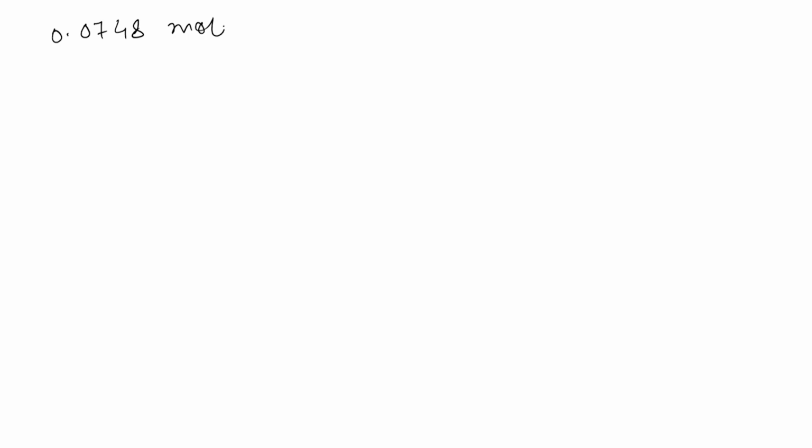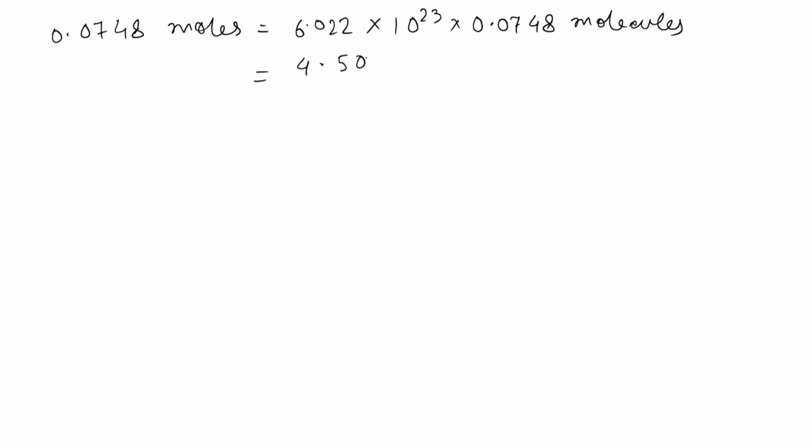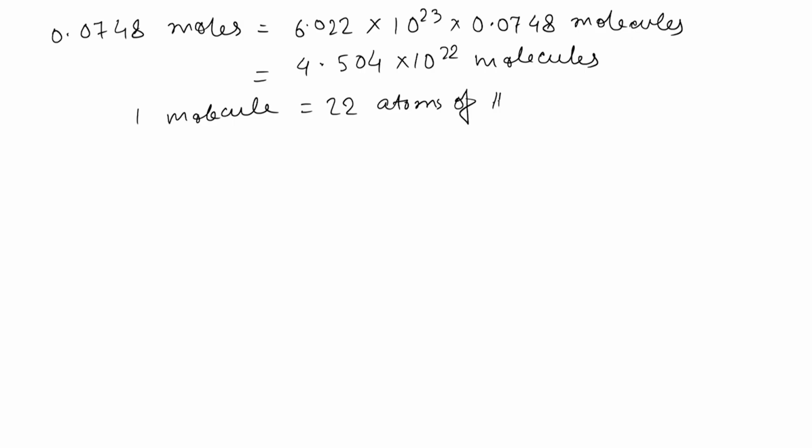So, 0.0748 moles is equal to 6.022 into 10 to the power 23 into 0.0748 molecules. This comes as 4.504 into 10 to the power 22 molecules. So, 1 molecule of sucrose contains 22 atoms of hydrogen.